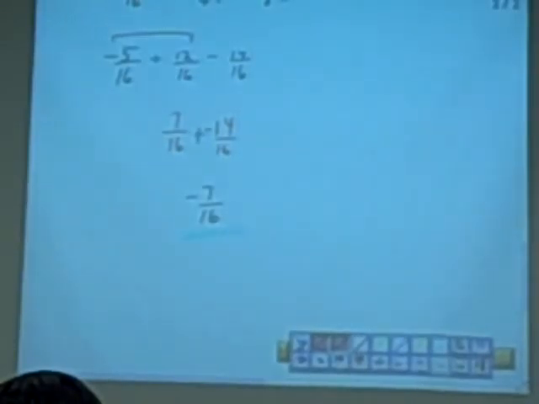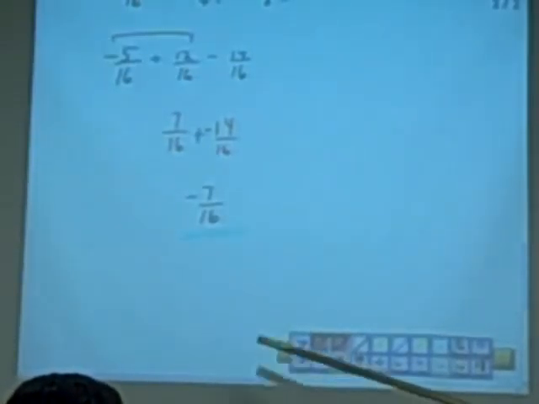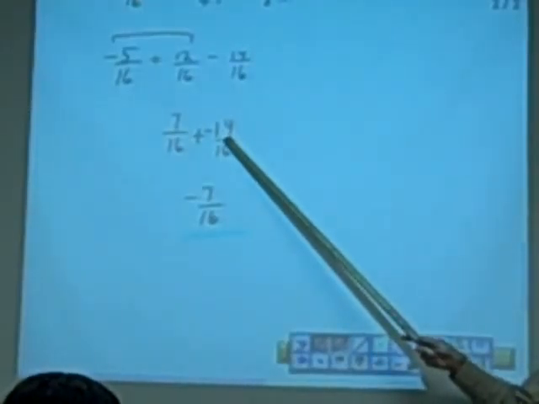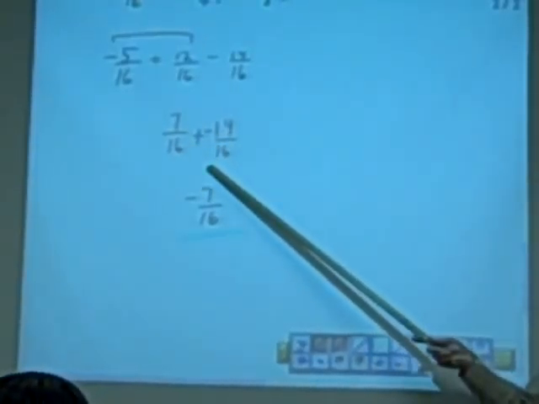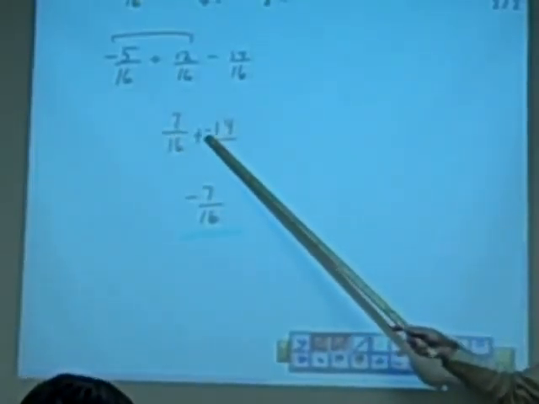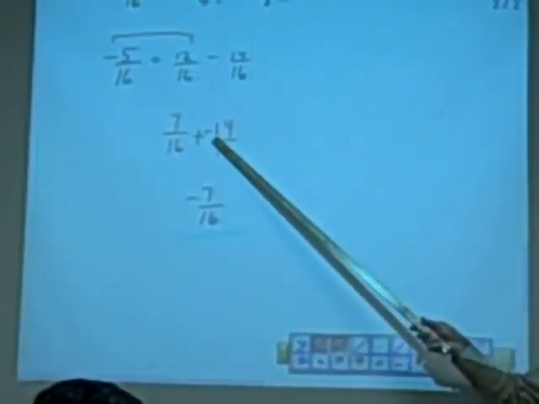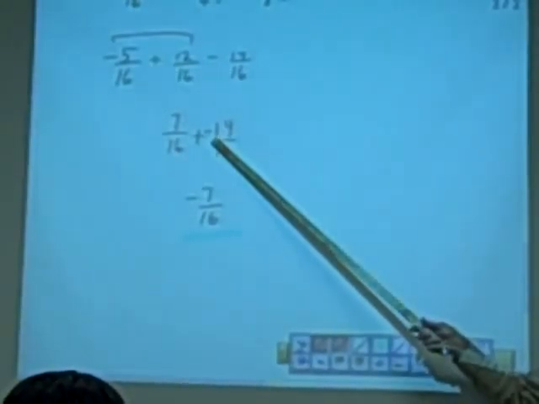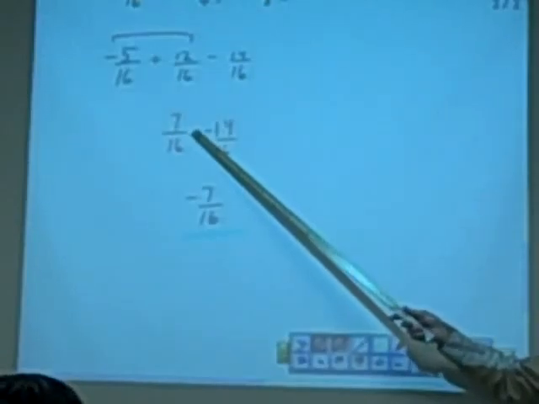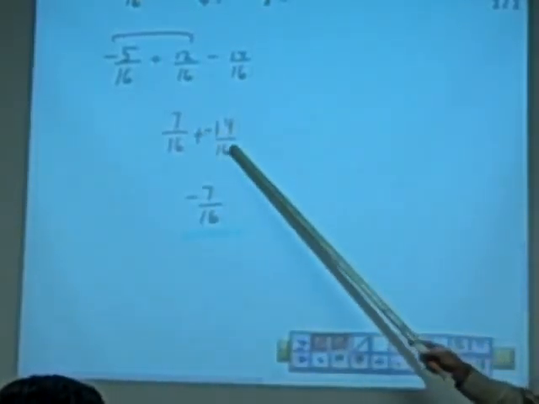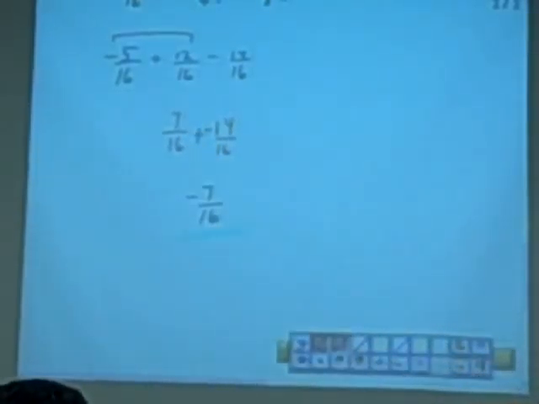Okay. Well, you're looking at numbers with opposite signs, right? With opposite signs, you're adding or subtracting. Well, you've got 14 negatives and 7 positives.